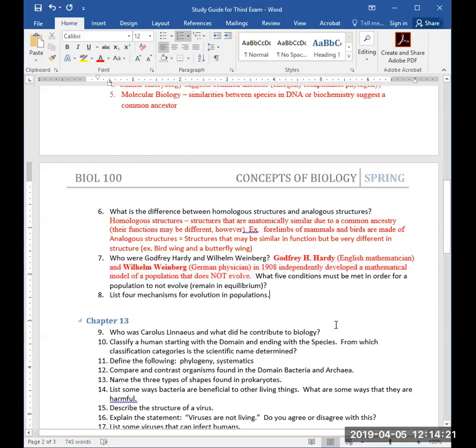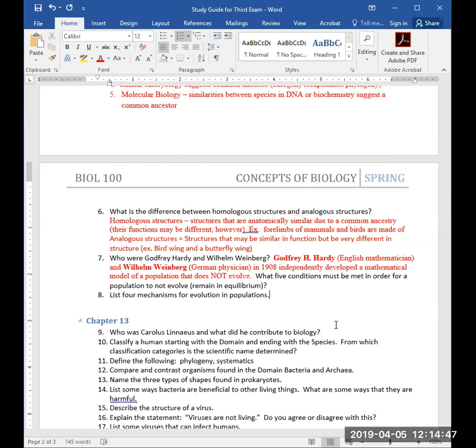So they looked at populations that don't evolve, and they used a mathematical formula. They made this mathematical formula or model of a population not evolving. And then when they look at data from real populations, they can compare it to a population that doesn't evolve.